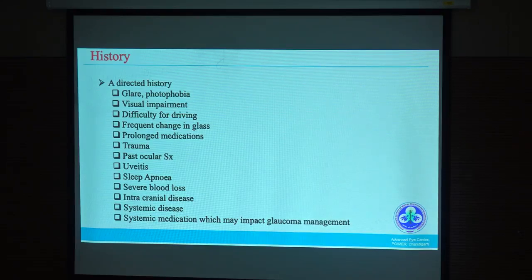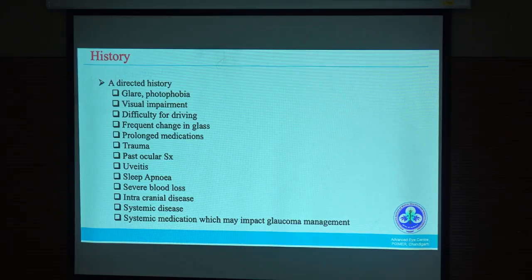Frequent glare in the evening time may be evidence of intermittent angle closure, or decreased contrast sensitivity may be the beginning of glaucoma. Later there is visual impairment and difficulty driving. The patient may say, I used to have good driving sense, now I have to brake suddenly because the periphery is losing vision and I cannot judge objects from the sides.